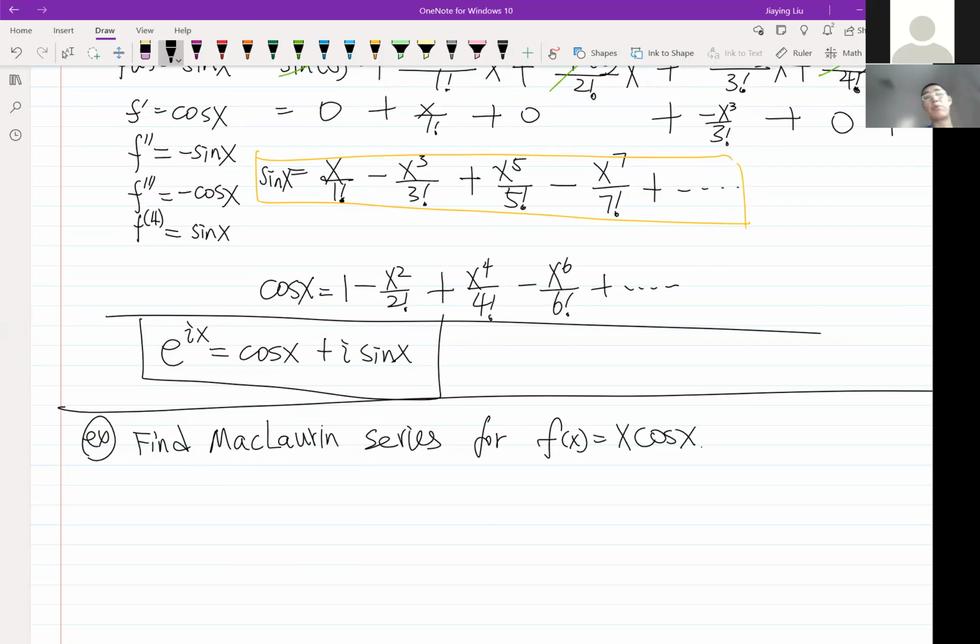So for this function, we want to find the series expansion for it. And again, it's a Maclaurin series, so it's the same thing as saying finding the Taylor series expansion for this function at x equals 0, the equivalent.